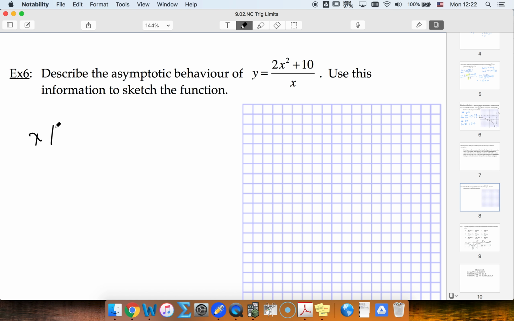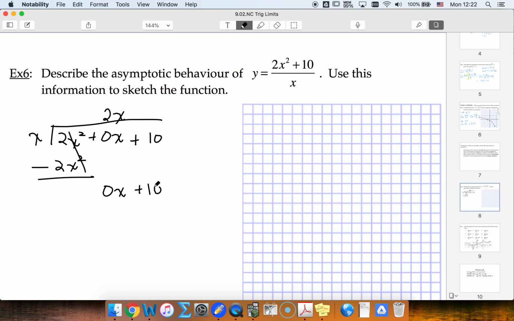So x goes into 2x squared plus 0x plus 10. I'm going to have 2x squared, and then 0x plus 10. So that's going to be 2x, and my remainder is going to be, so I could say that y is equal to 2x plus 10 over x.